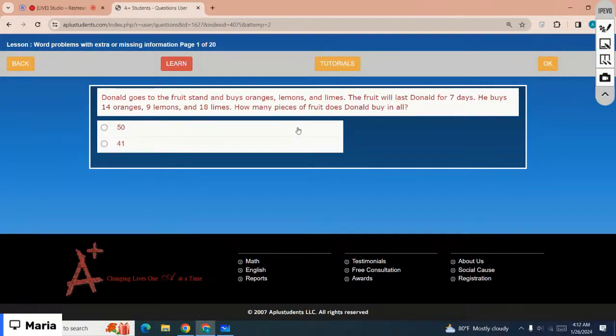How many pieces of fruit does Donald buy in all? Which is the correct option?